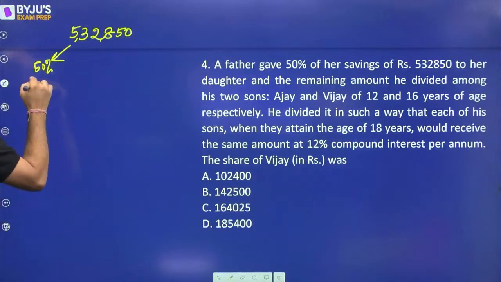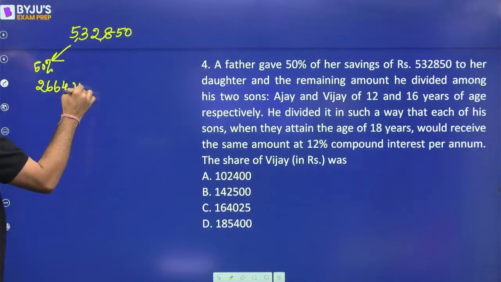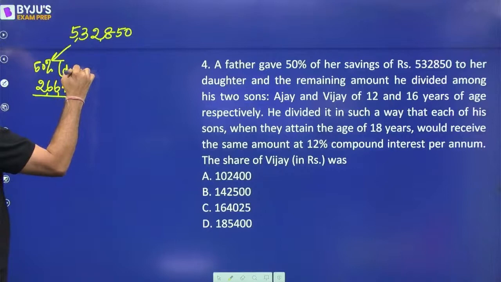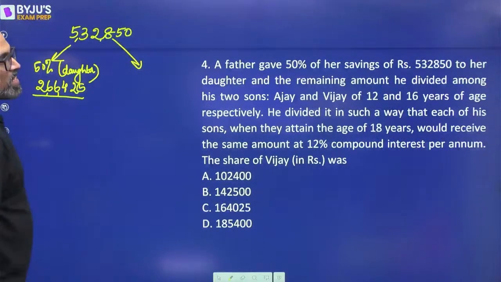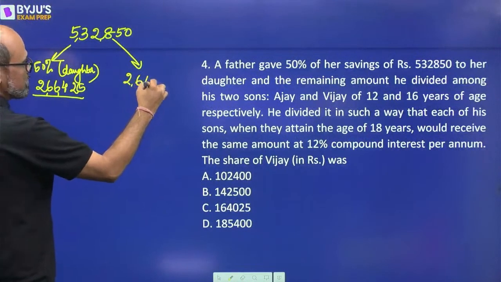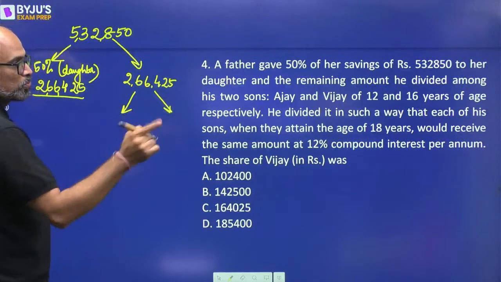Which is going to be 2,66,425. So 2,66,425 goes to daughter. Then what he does is the remaining amount, which is going to be 2,66,425, he divides it between his two sons.